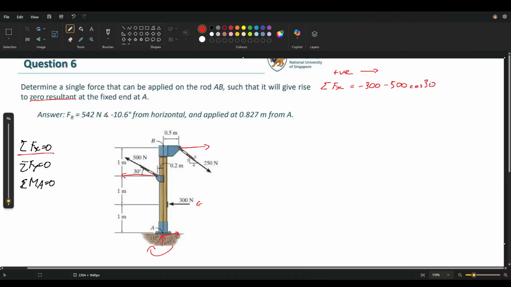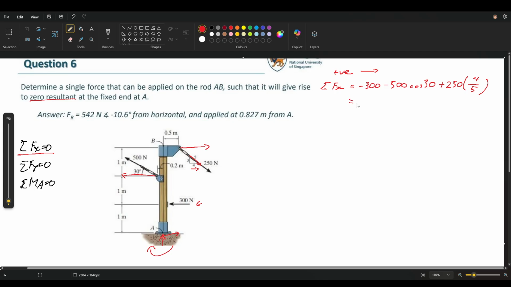And last but not least, our last force is along the right direction, so it is gonna be a plus 250. Because going in the X, we are looking at the horizontal one, which is 4. This 250 is going along 5, so we do 4 over 5.